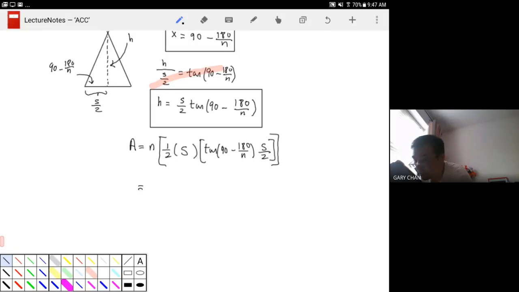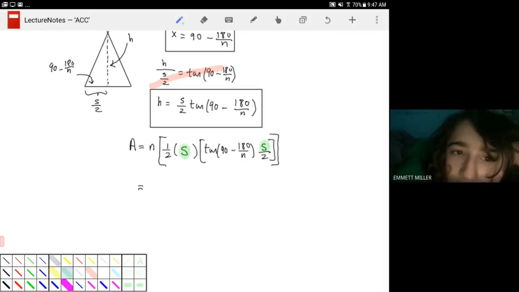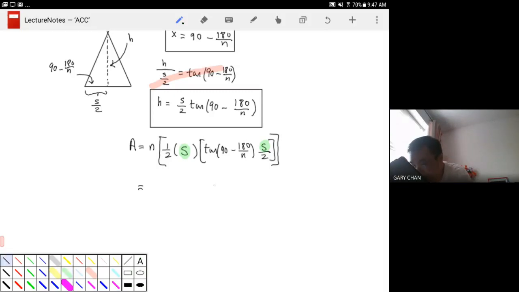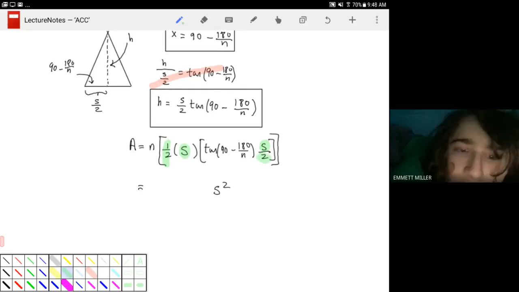So anyway, look, there are things that I can combine together. I have S, and S makes how much? S squared. There's that common feature again. And then now I have 1/2 and 1/2, and that gets me to 1/4.